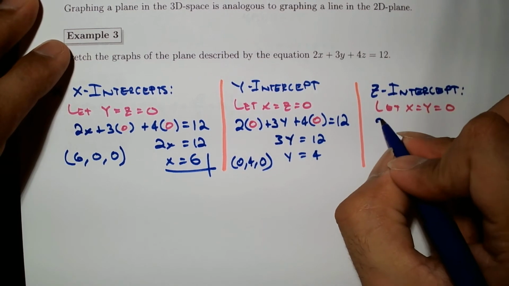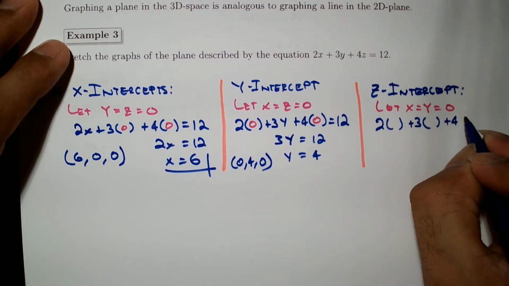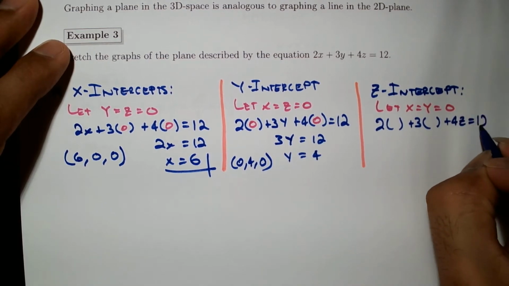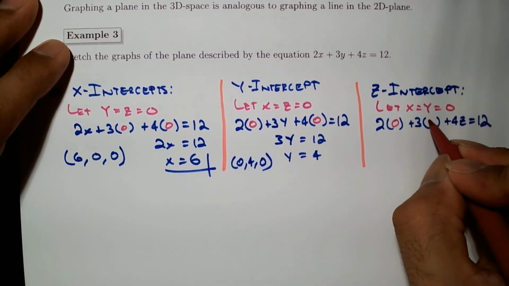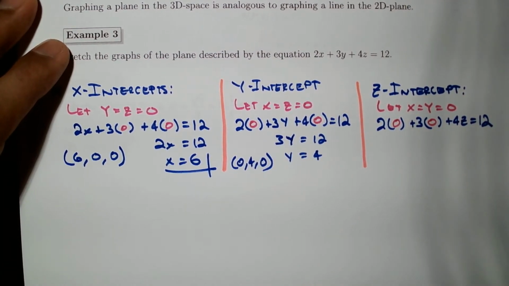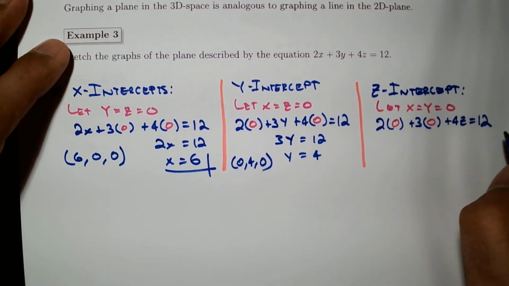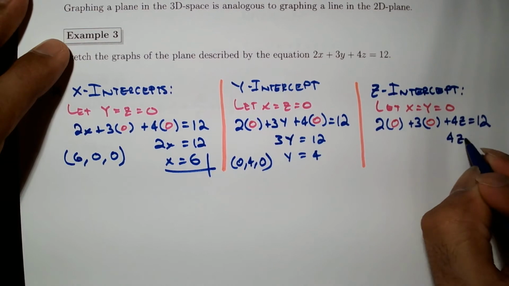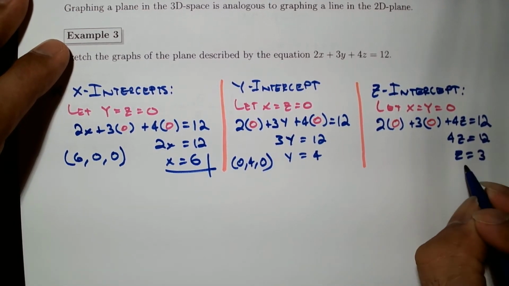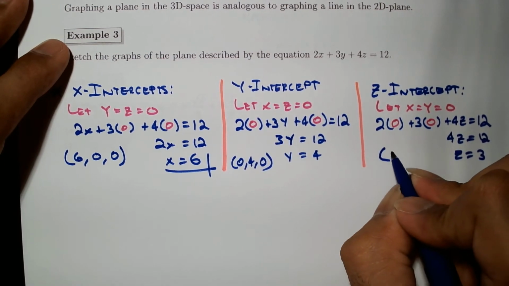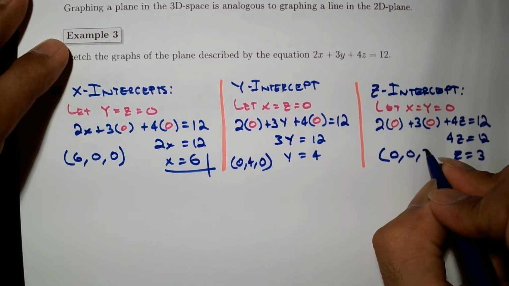So 2 times 0 plus 3 times 0 plus 4z equals 12. Getting rid of those zeros, we get 4z = 12, so z = 3, which means the z-intercept is (0, 0, 3).